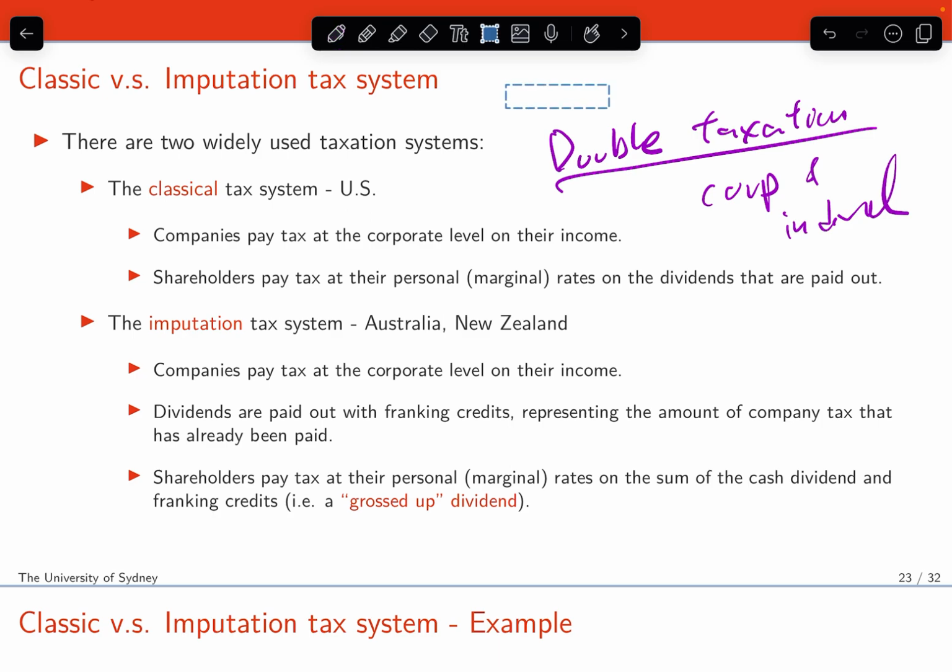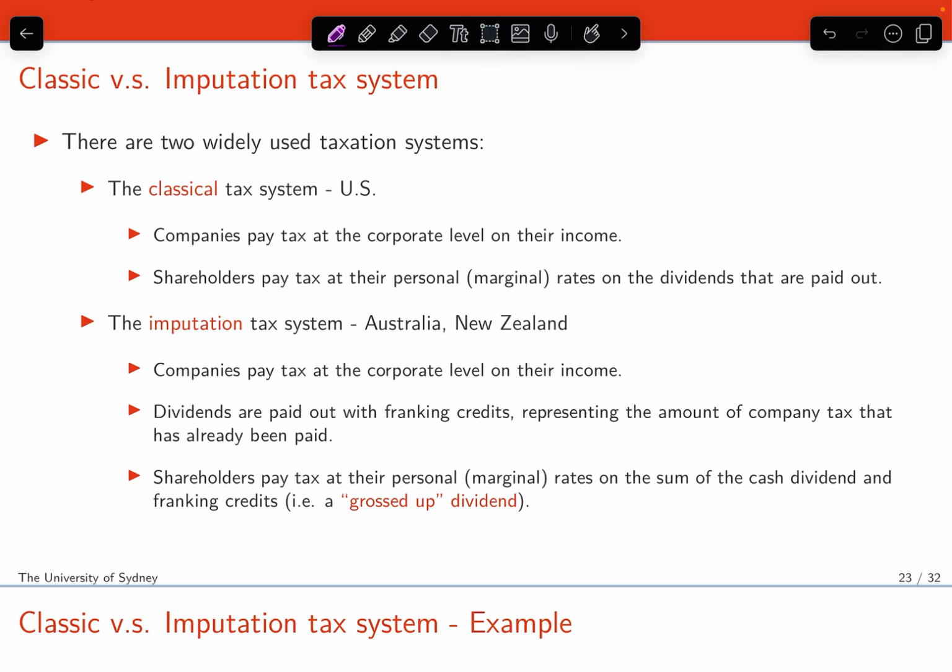So this is the idea that rather than in the US where dividends are taxed twice, here in Australia and New Zealand, dividends are only taxed once at the corporate level, and the corporate payments on corporate taxes are then passed down as a franking credit to the individuals.